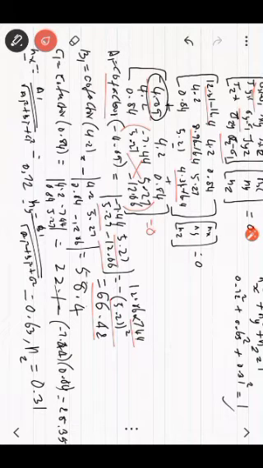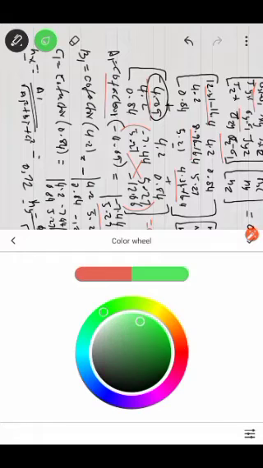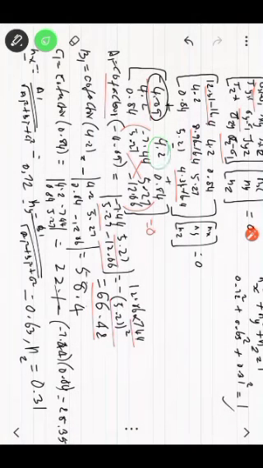What is the cofactor of this one? This is the second value, so you have to put a minus here, that's why you have minus here. Then you have to multiply these two and these two.